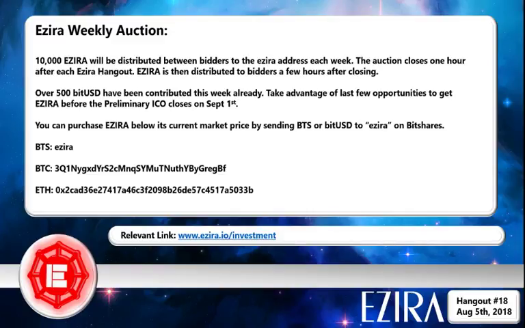It will be closing on the 1st of September, which means that the only way to get Ezira after that point will be to buy it off the market. So the Ezira supply will be fixed after the 1st of September, and all remaining Ezira on the Ezira main account will be sent back to the reserve pool, and whenever Ezira does competitions, we will be buying the Ezira back off of the market and distributing it like that.